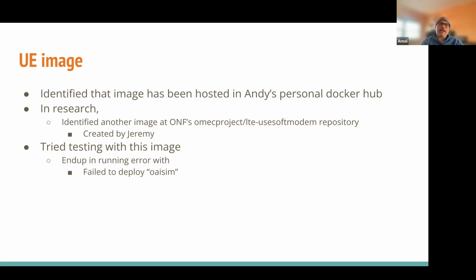And if, while building AIAB, that image cannot be pulled in the AIAB environment, then it tries to create its own, because we have provided the information on how to create that image. So he is telling that the failure to deploy OAI SIM is regarding that error.